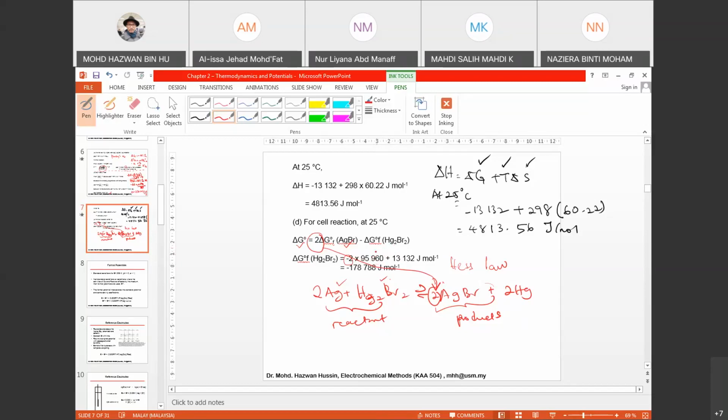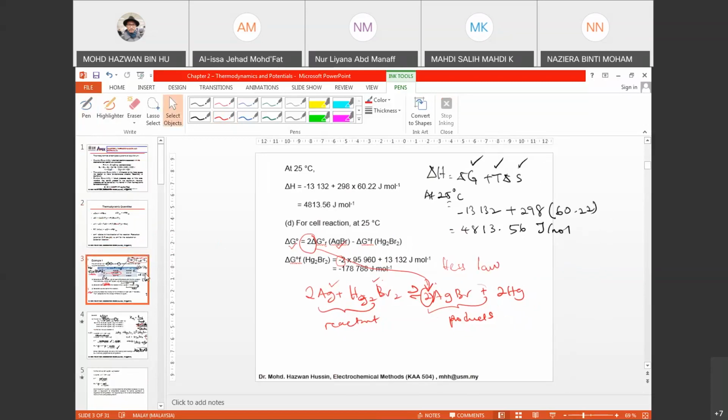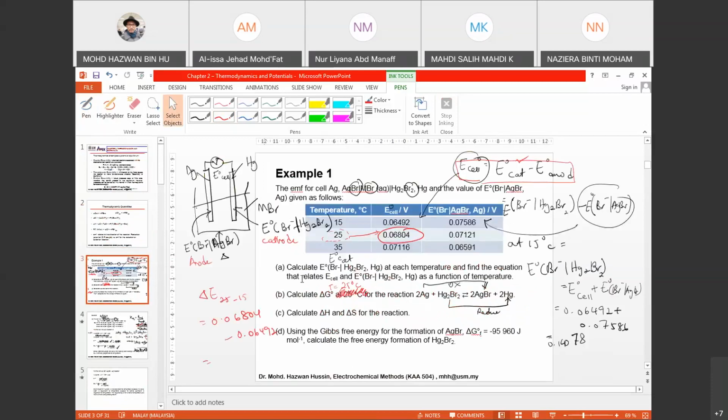Yes. That is why I'm asking you, where does this come from? I mean, the negative value. Yeah, if you look in the question, it is minus.